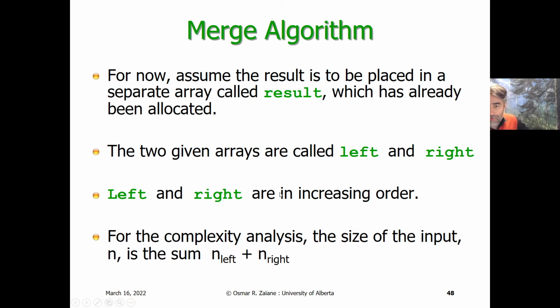It's extremely important. The size of result is the size of the left plus the size of the right, because every single element of left and every single element of right have to fit in result. So if result is of size n, let's call the size of the left n left and the size of right n right. Okay. So how do we do this merge?